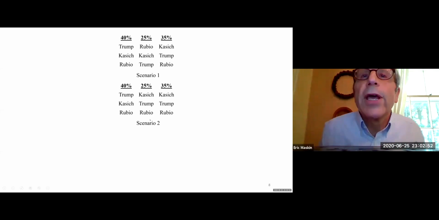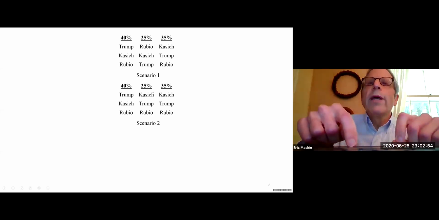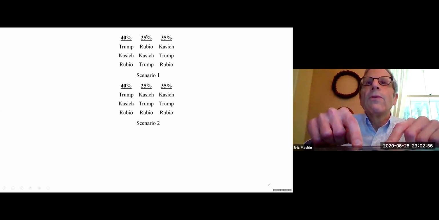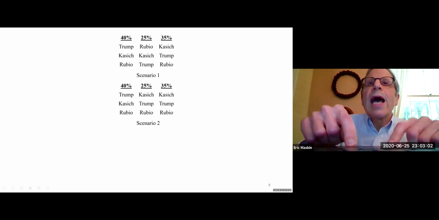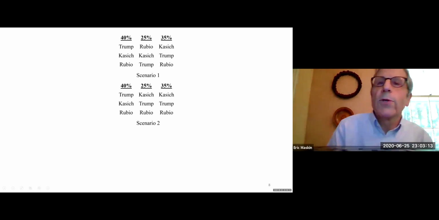Here's another scenario in which these middle voters have now changed their preference, and now Rubio, who was on top, is now at the bottom, and Kasich and Trump move into first and second place.